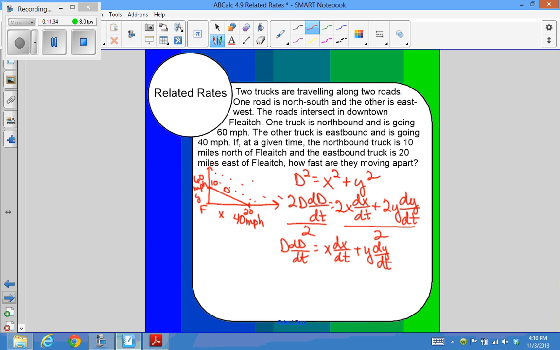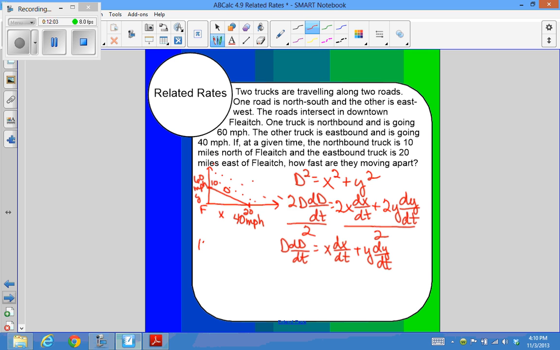Plug in the numbers that we know. I'm supposed to find dD/dt, so that I do not know. Do I know D, the distance? Well, I know that it would change every time as they continue to move out, but at this instant, when my x distance is 20 and my y distance is 10, I can find the exact value of D at that particular second, and that's what I want to do.